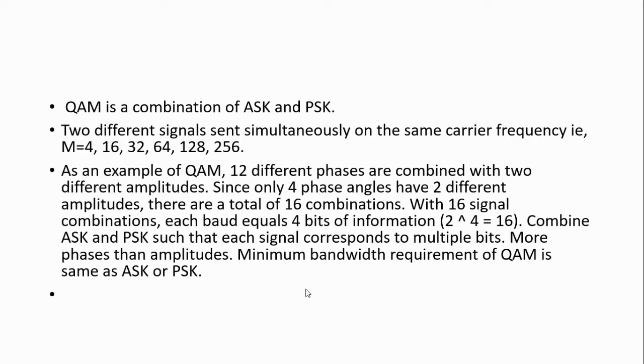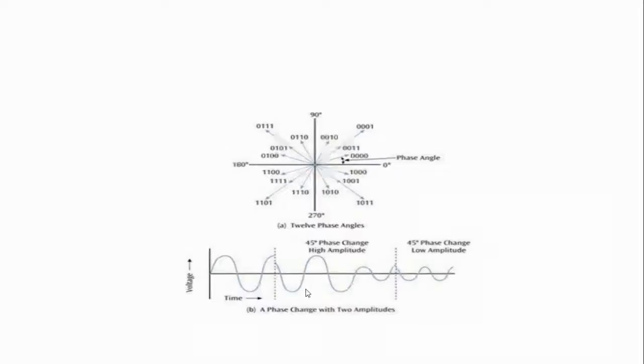Totally it has 16 signal combinations. Each baud is equal to 4 bits of information. By combining ASK and PSK, each signal corresponds to multiple bits, with more phases than amplitudes. The minimum bandwidth required for QAM is the same as for ASK or PSK.